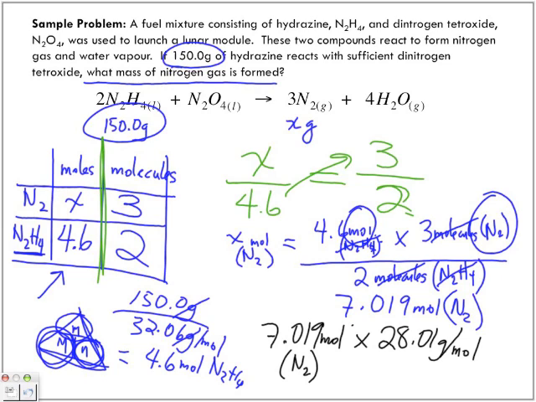So now notice here, moles cancel out. My answer is in grams, and I'm left with 196.6 grams of nitrogen. And remember, 4 significant digits is the least number of significant digits in my question, so I have 4 significant digits in my answer.